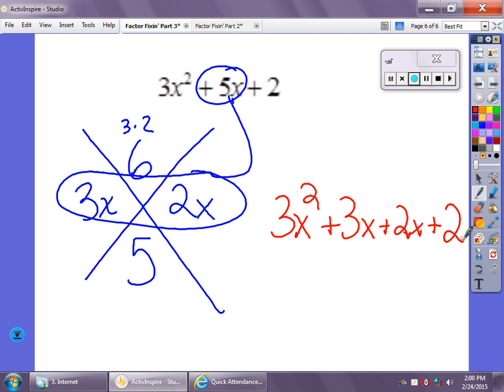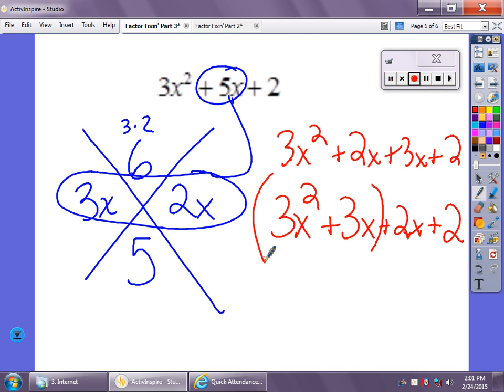Now, if you had come up with 2 and then 3, this order would have been 3x squared plus 2x plus 3x plus 2. And I actually would have rewritten it because I would have noticed the 3's matching the 2. So that's another step: when I want to go factor by grouping, I line up things that match already. So we're going to go with these two and these two.